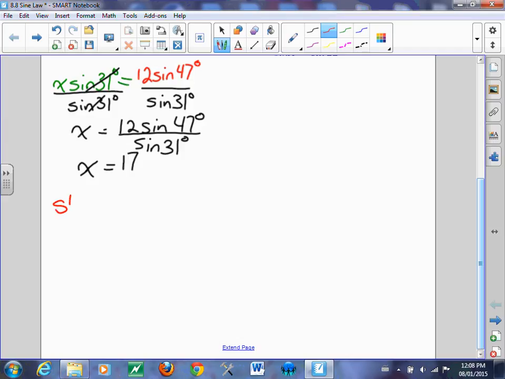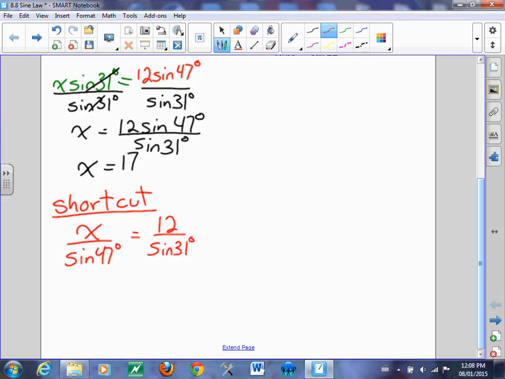So, shortcut. Okay. All right, so if I take the original question, which is x over sine of 47 degrees equals 12 over sine 31 degrees. Okay, what I'm going to do differently, folks, is I'm going to put x equals. I'm going to start with the opposite cross, which does not have x involved, which is 12 sine 47 degrees.